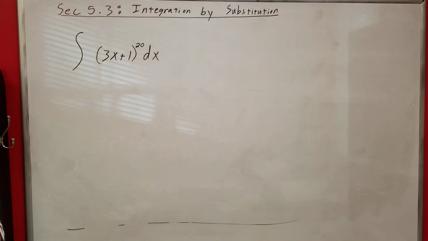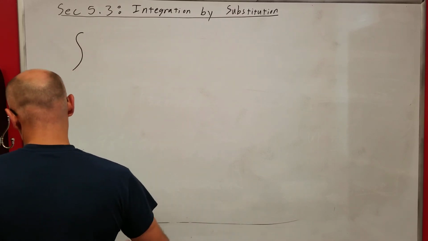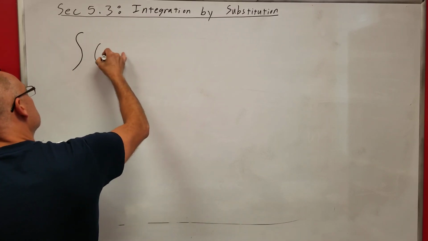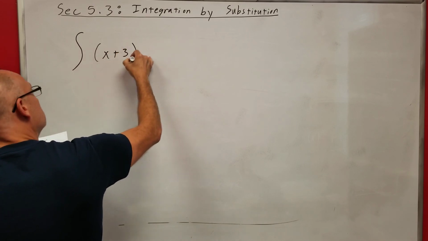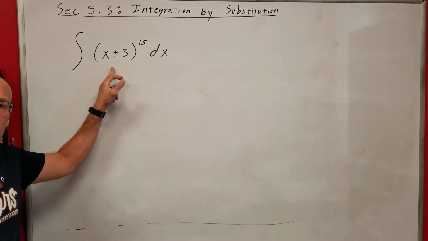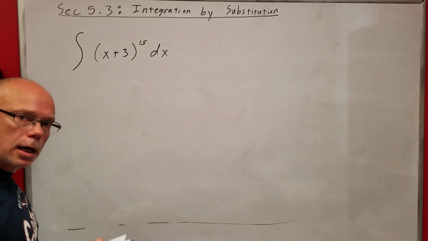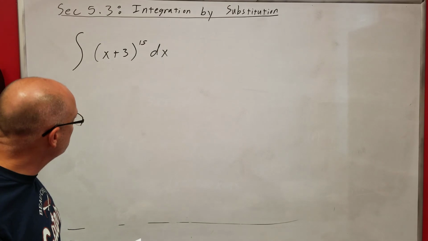All right, so let's go ahead and start out with this one. The integral, well, I'll tell you what, let's just stay consistent with the notes here. I have something like this, (x + 3) to the 15th dx. But either way, I don't want to multiply this out 15 times, right? So I'm going to use the method of substitution. Now, what I normally do is look for an inside and an outside function, okay?